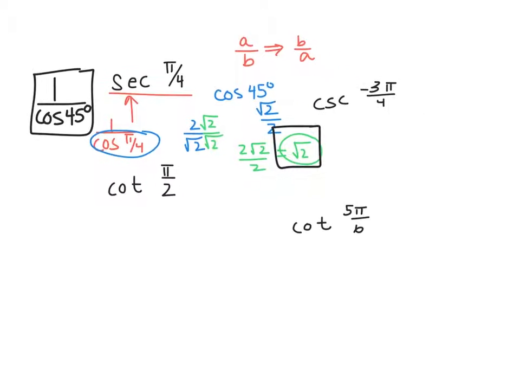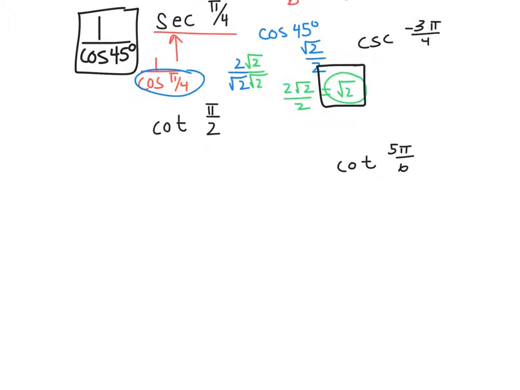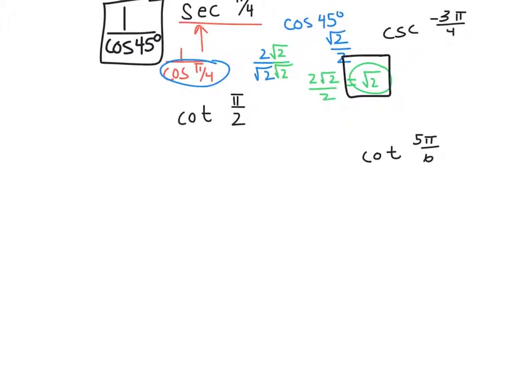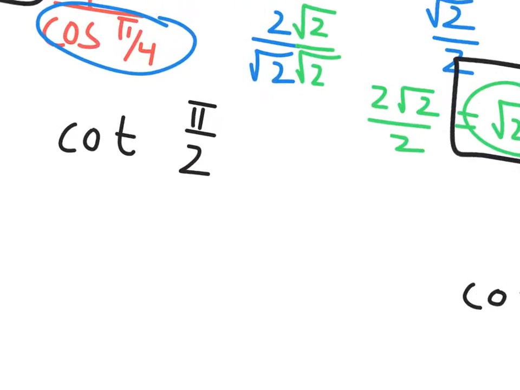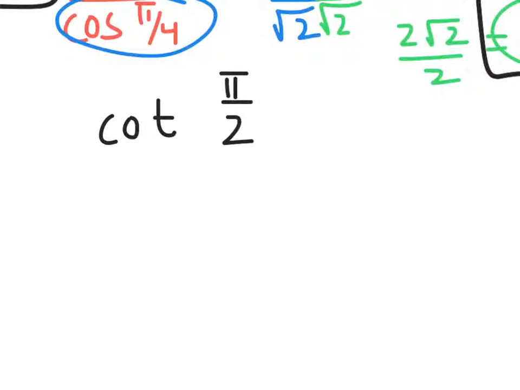So now I'm going to look at cotangent of pi over 2. This is the same thing as 1 over the tangent of pi over 2. So let's do the tangent of pi over 2. Pi over 2 is 90 degrees.